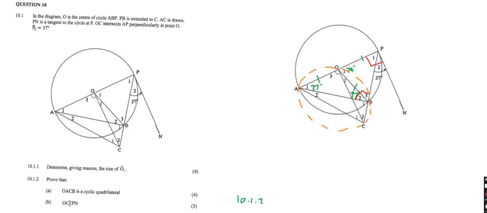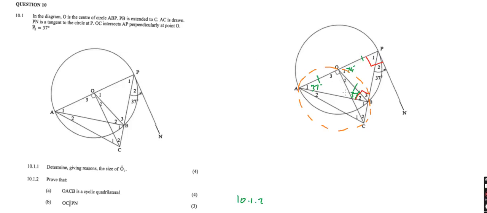So let's see. If we were to prove opposite angles of a cyclic quad, then I would have to take the whole O3 and O2 and C1 and C2. Or I'll have to take A1 and A2 against B1 and B2. That is if I want to use opposite angles.